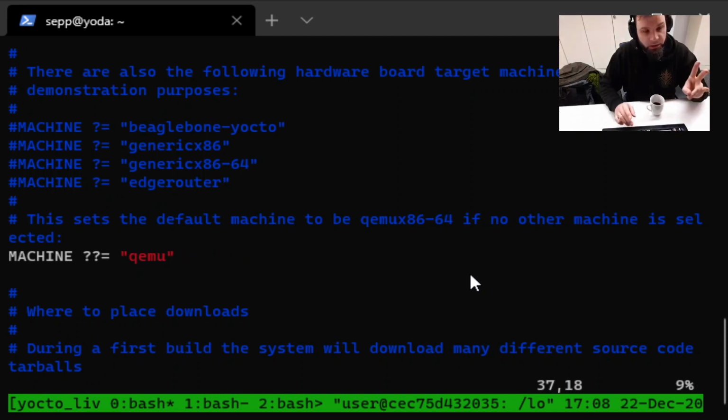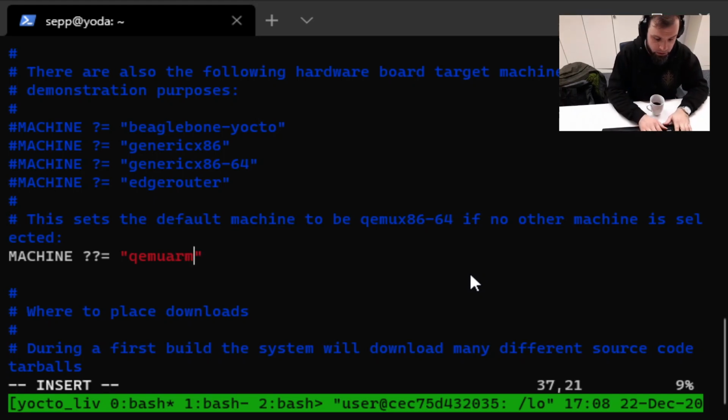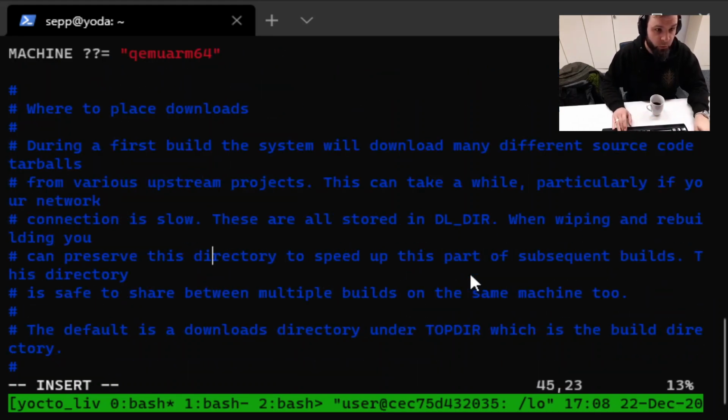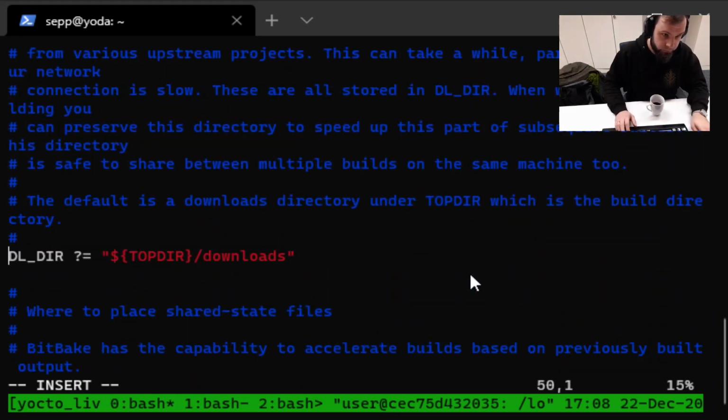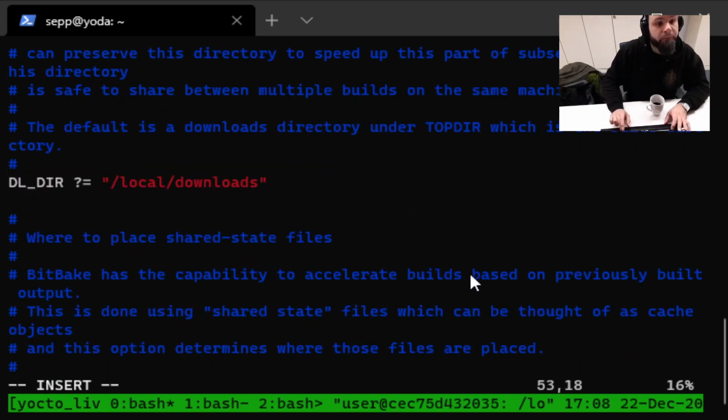Like we said, the outer one is the local.conf configuration. So QEMU ARM64. Where to place downloads. I prepared this, otherwise we have to stream and drink until tomorrow.